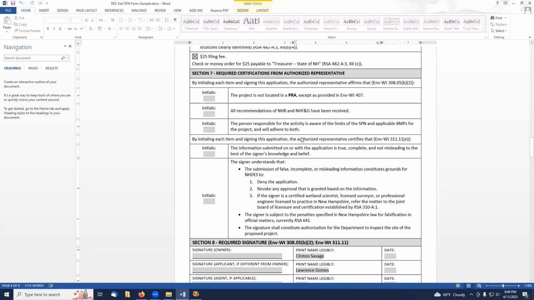So generally what I do in that case is I will do a separate form for each owner and do a separate NHB report for each section of trail. So if I've got 2 or 3 different owners, I'll do a separate NHB report for each of them. So the answer is yes.